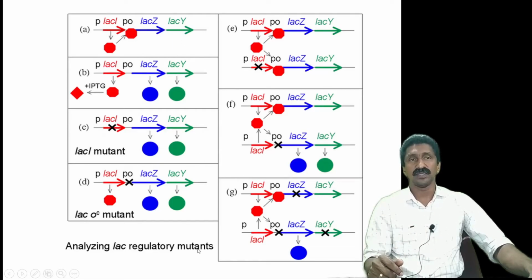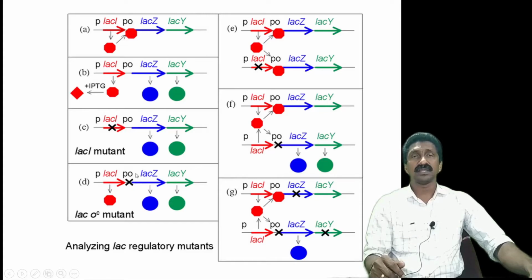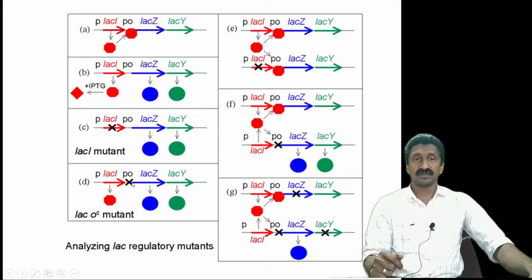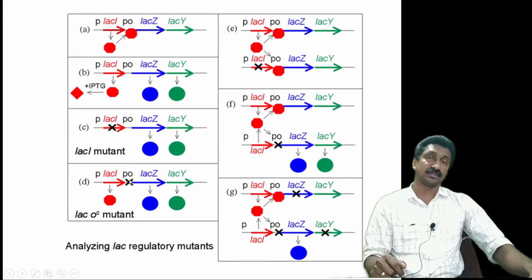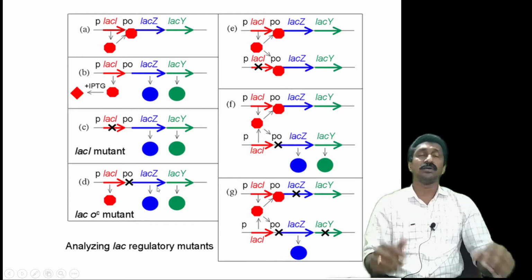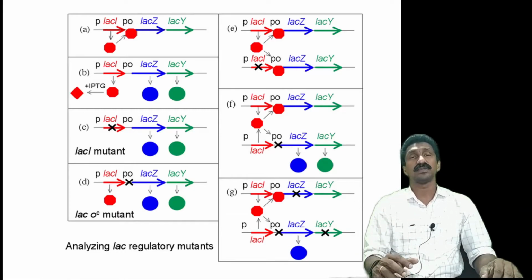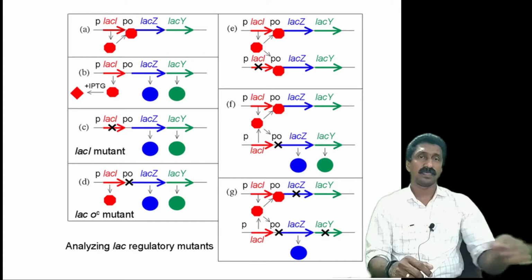A is not shown here. And here is the lacO-C mutant, in which the repressor is produced, but there is a mutated operator region. In the mutated region, the repressor cannot bind. So the gene is in a constitutively expressed state.